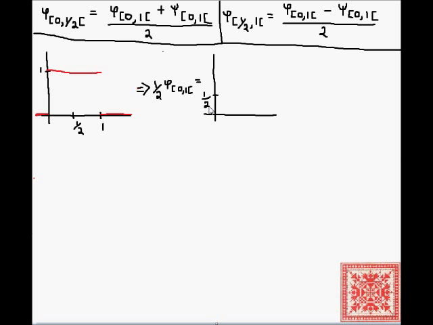Okay, so half of that will be, excuse me, the step function. Okay, and that's 0 here and 0 here. And then we need to do minus the wavelet.